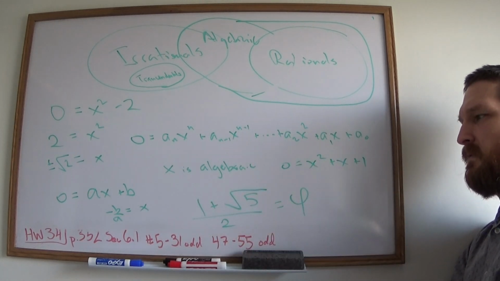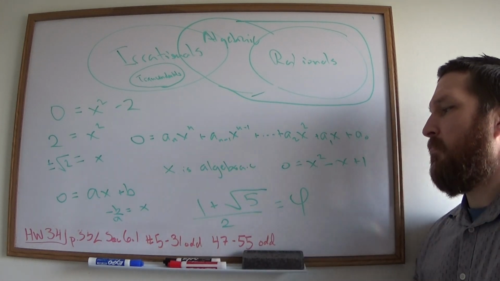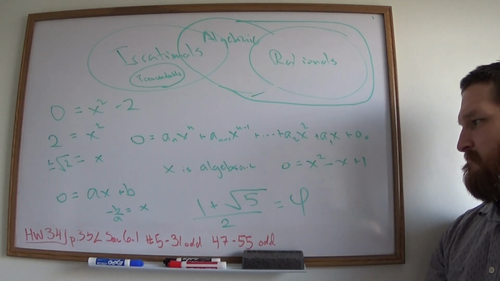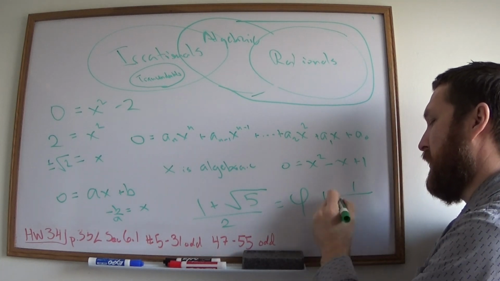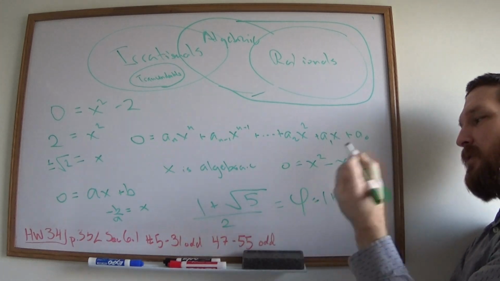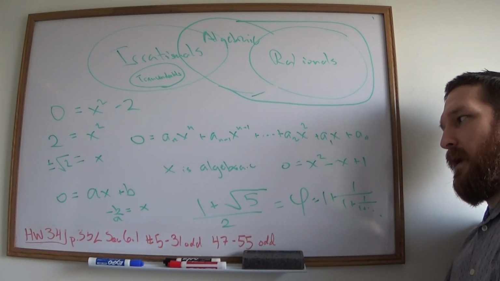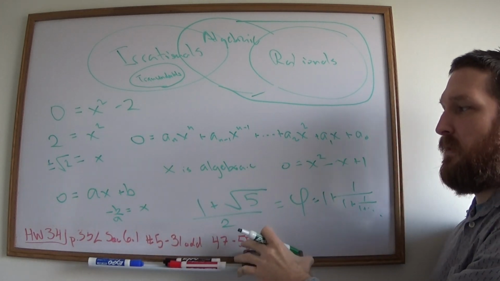You could rewrite that as 1 plus 1 over 1 plus 1 over 1 plus, and so on. Then that is also the same thing there, right? And so those are the algebraic numbers.